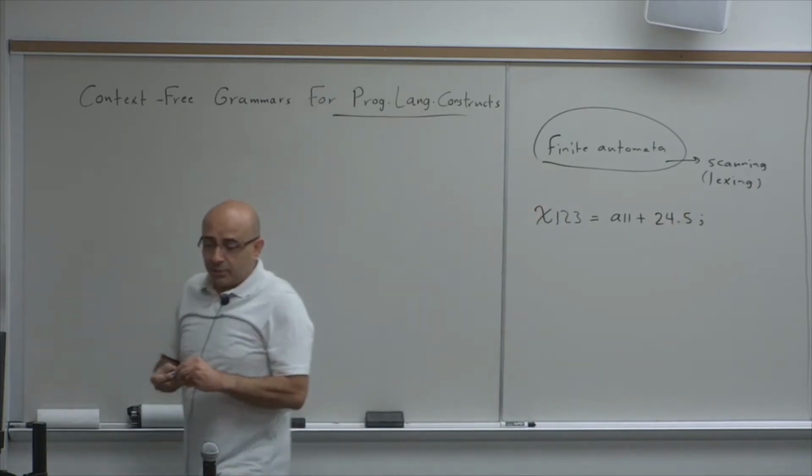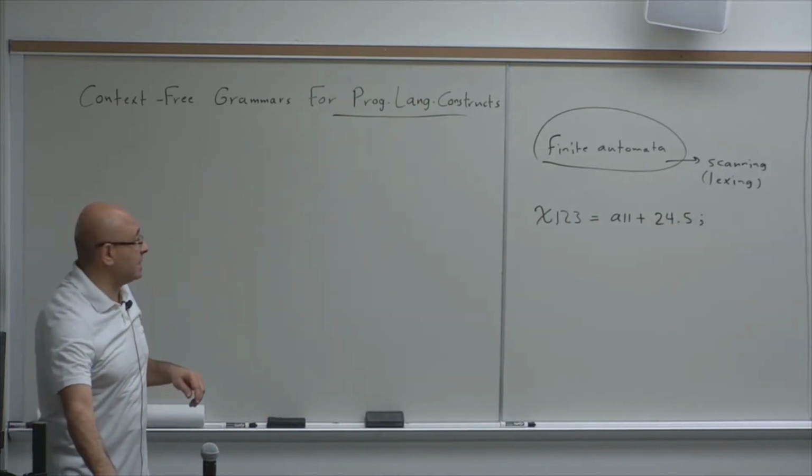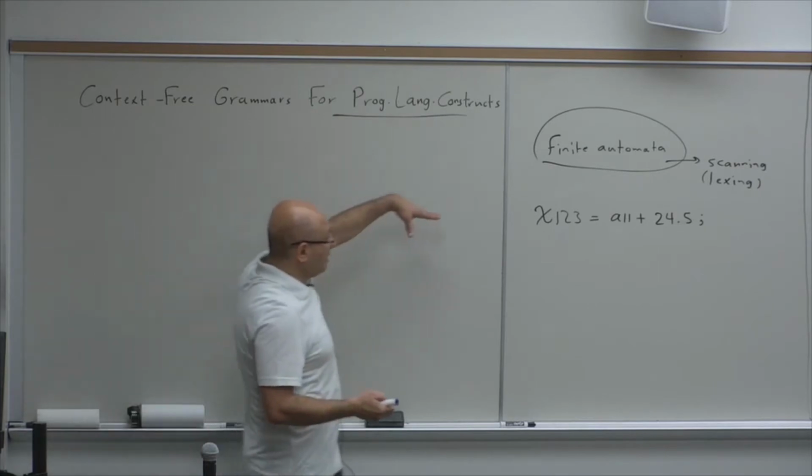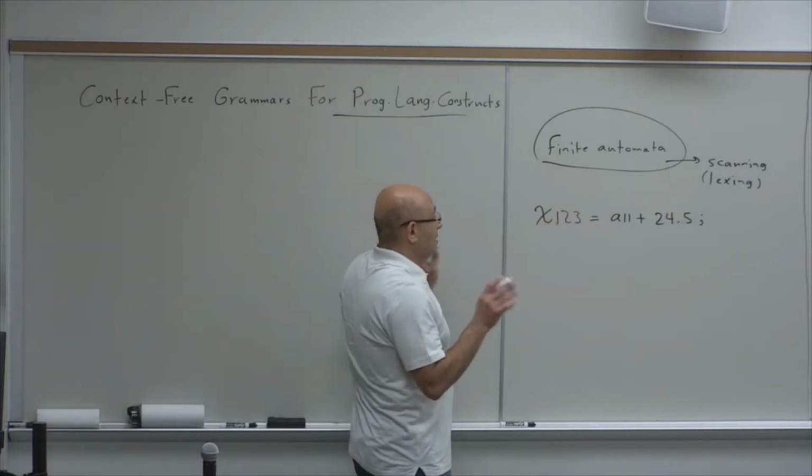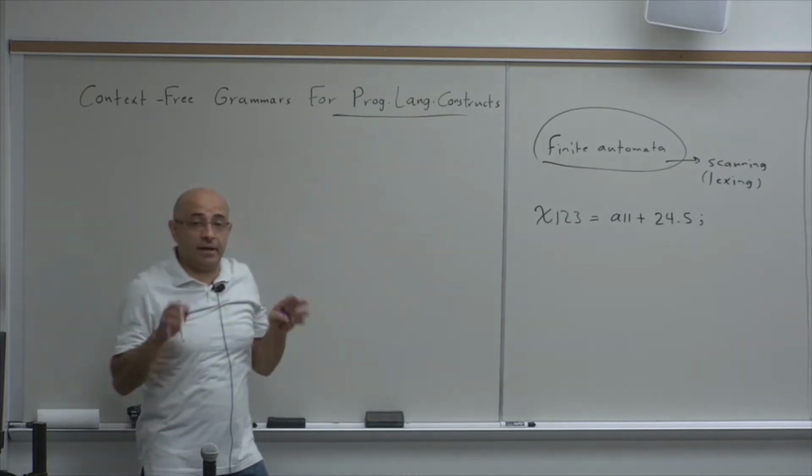So in this case, the scanner, which we talked about in previous lectures, is going to divide this string into tokens. And this is going to be based on regular expressions.